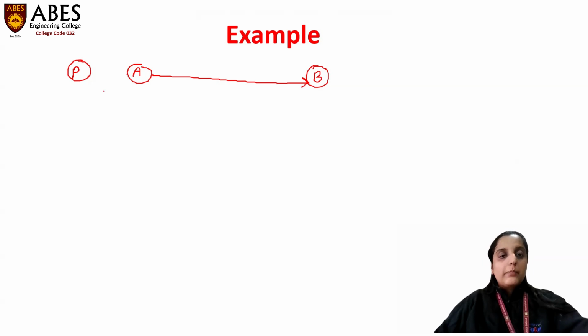You will say, ma'am, I can go by walk, so solution one can be simple walking. The second solution that comes to my mind is I'll go by cycle. The third is I'll take the bus and travel. The fourth is I'll travel by train.